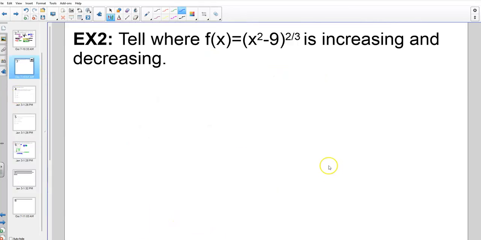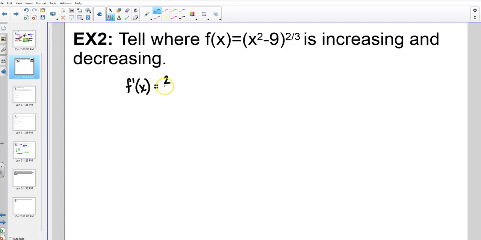All right, let's go back up here and see if we can get this one in. We'll see. So this is the same thing that we just did on example 1. It's a little harder because the derivative is more difficult to figure out. So we're going to take our derivative. It is going to require a chain rule here.